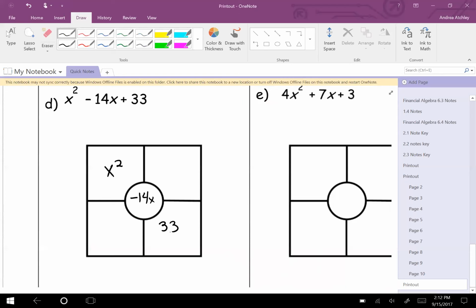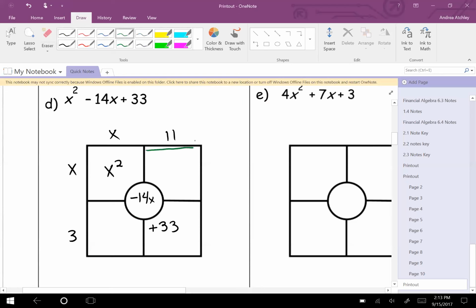Class, what multiplies to the x squared? X times x, right? X times x gives me x squared. Oh, 33 is a good number. Okay, because what multiplies to 33? 11 and 3. Okay, so now we're going to check.